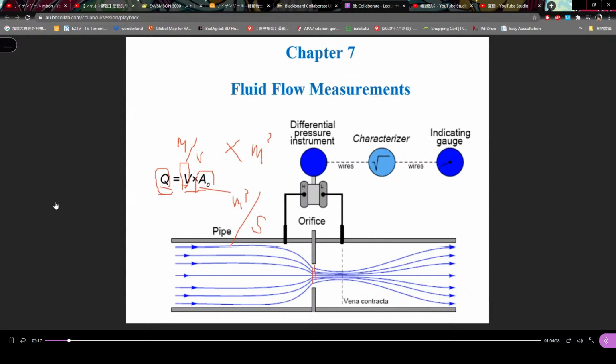So whenever you do exercises in thermodynamics or for fluid thermal flows, try to write down the unit, because the unit can help you to identify whether something is wrong or not. If the unit is wrong, then the calculation is wrong. But if the unit is correct, it doesn't mean that your calculation is correct.